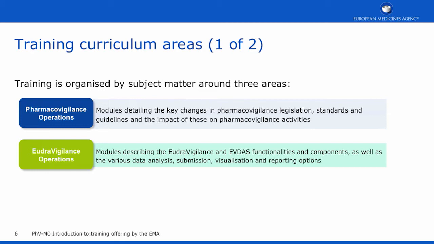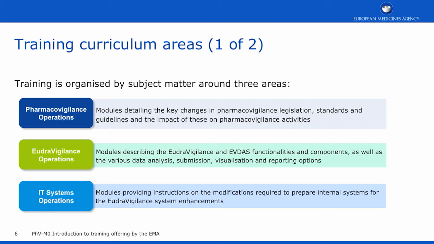The second area is that of EudraVigilance operations, and this contains modules which describe the EudraVigilance and EVDAS functionalities and components, as well as the various data analysis, submission, visualization, and reporting options. And last but not least, the IT system operation area is providing instructions on the modifications required to prepare internal systems for the EudraVigilance system enhancements. This area is targeted particularly at IT system developers.